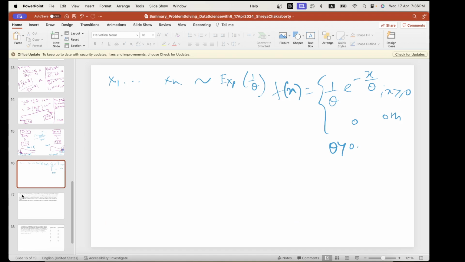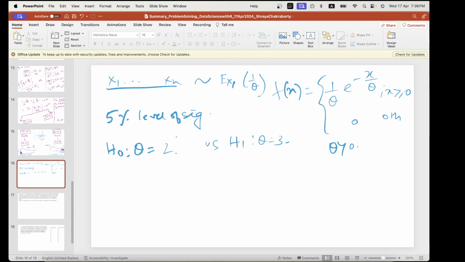You are asked, at 5% level of significance, to test the hypothesis H naught: theta equal to 2 versus H1: theta equal to 3.